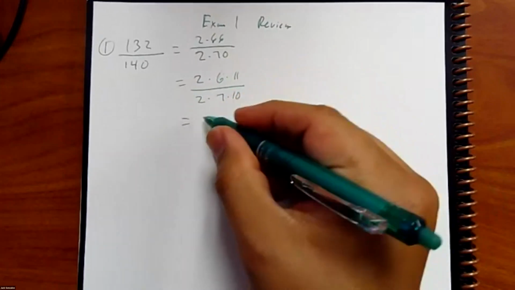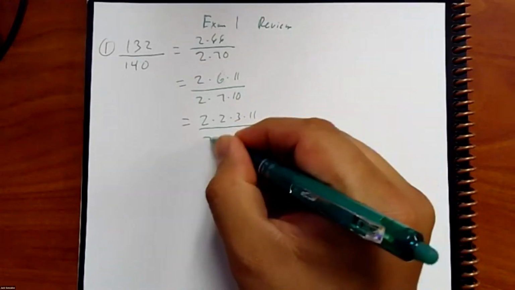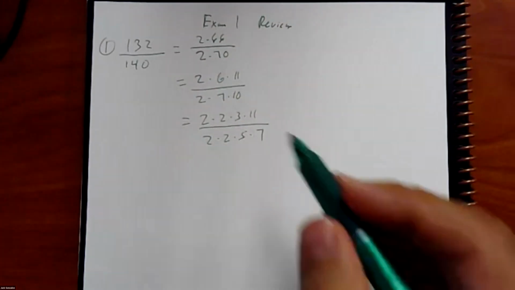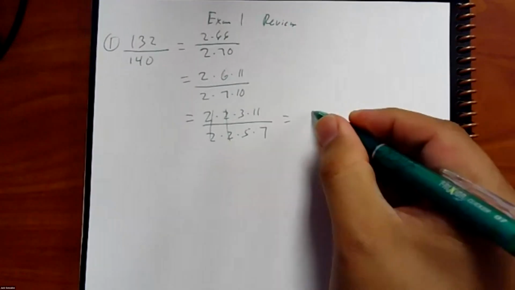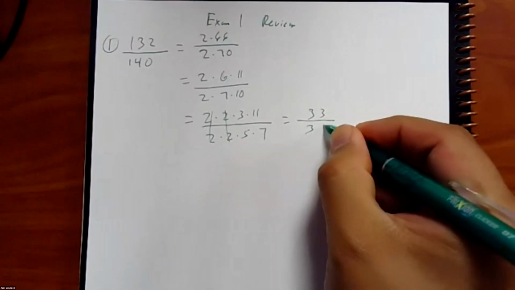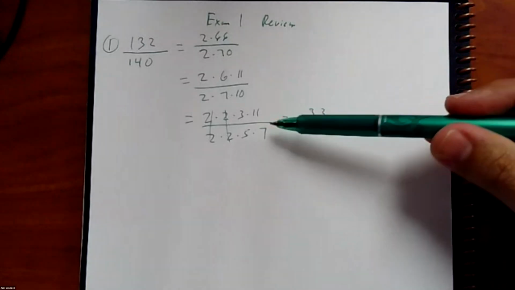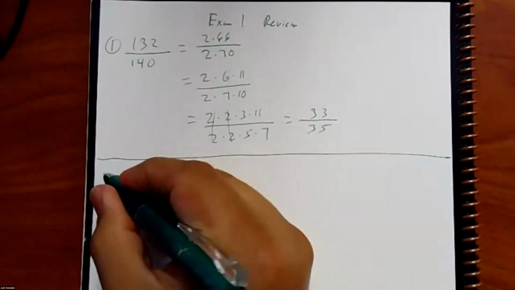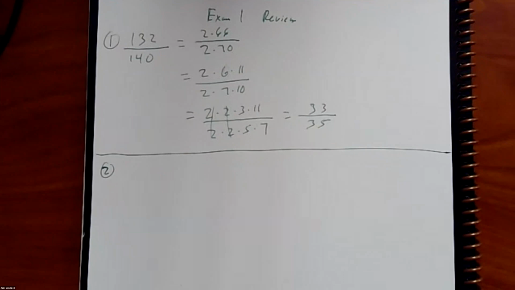So all the prime numbers would be 2 times 2 times 3 times 11 over 2 times 2 times 5 times 7. So here are all the prime numbers. So cancel the like terms. After that, it is completely reduced because we can see there is nothing else in common. Any questions on what I expect on number one? Or something similar?